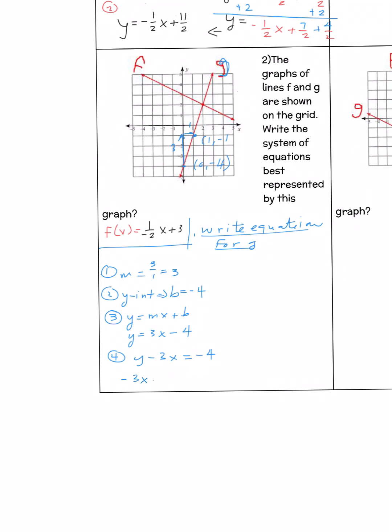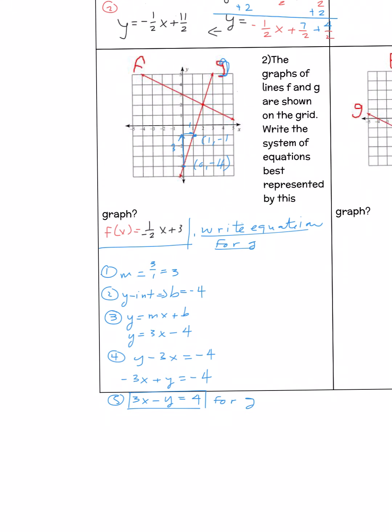Negative 3x plus y equals negative 4. And I have one more thing I need to do. I cannot have a negative x coefficient. So I'm just going to flip the signs, and I'm going to make it 3x minus y equal to positive 4. That's all I did. I flipped the signs of everything else. So this is the fifth step, and this is my second equation for g.